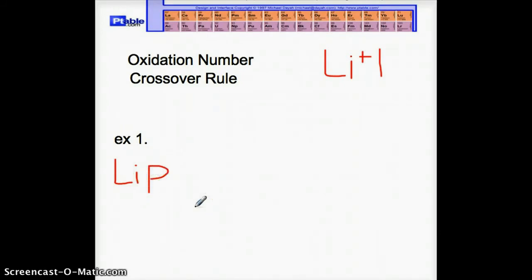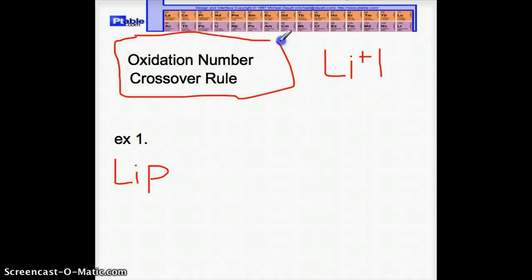We know in order to write the chemical formula of a binary ionic compound, we must follow two steps: determining both elements' oxidation number, and using the crossover rule, which is step 2. First, let's carry out step 1. Let us find the oxidation number of lithium.